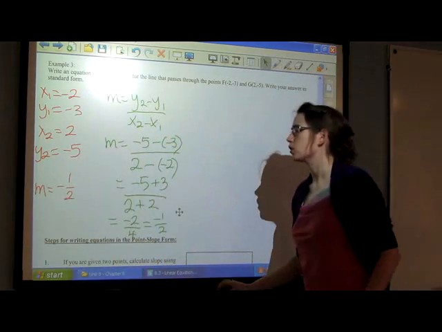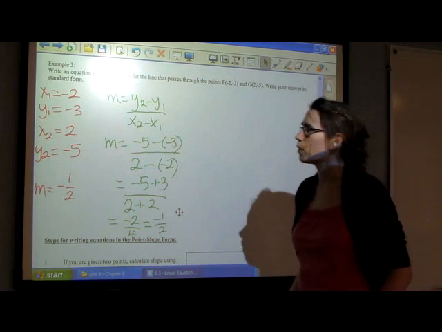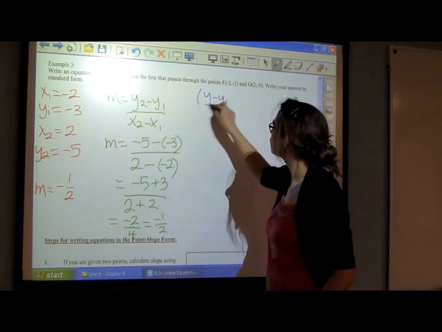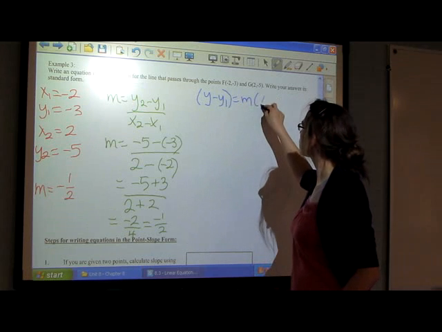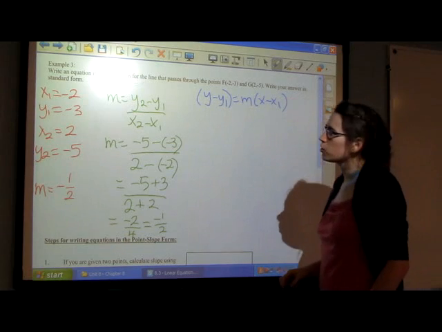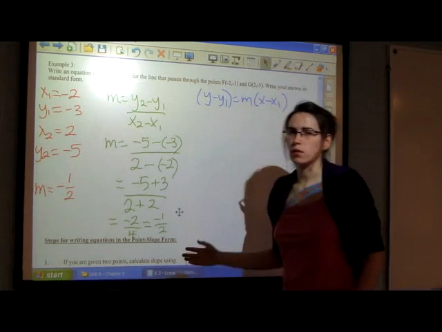And so you're probably asking yourself, well, what point do I use when I plug it into y minus y1 equals m times x minus x1? And the answer to that is, you can use either of them.